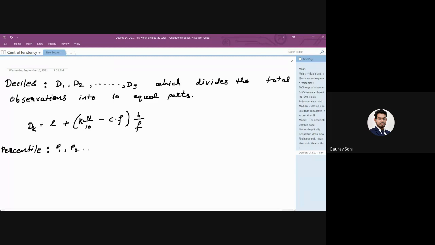Those are denoted by P. It will go up to P99, which will divide the total number of observations into 100 equal parts.